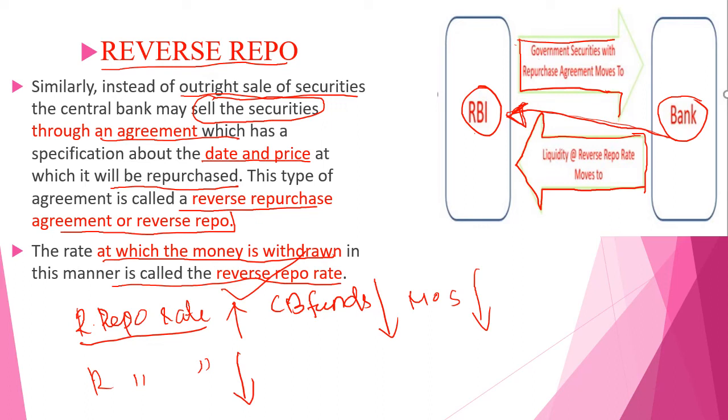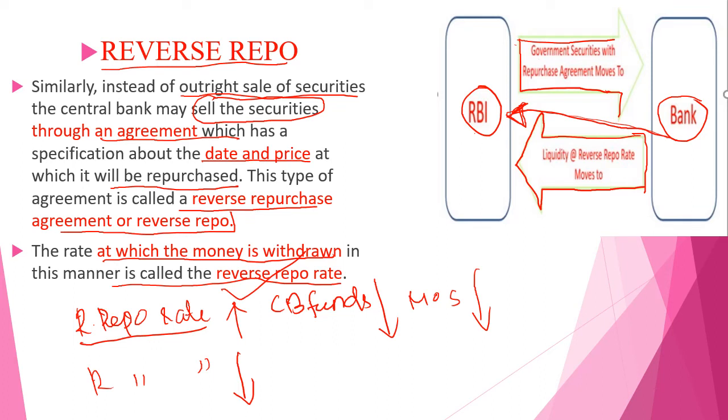Next case, reverse repo rate decreases. Then what will happen? That discourages commercial banks from keeping their funds with RBI, because the interest from Reserve Bank of India is very much less.